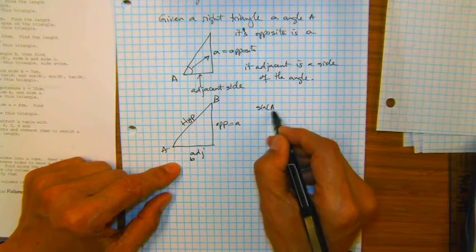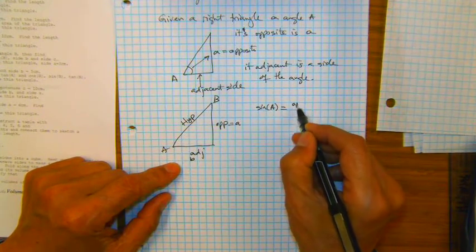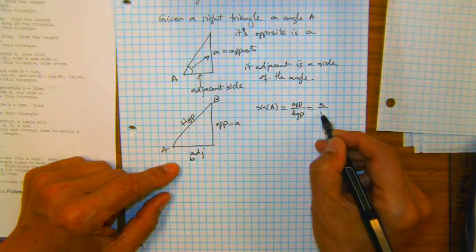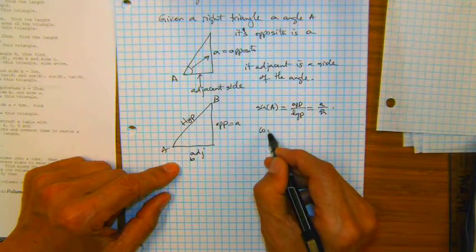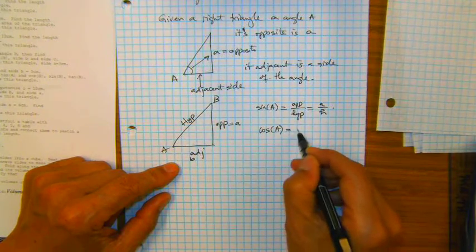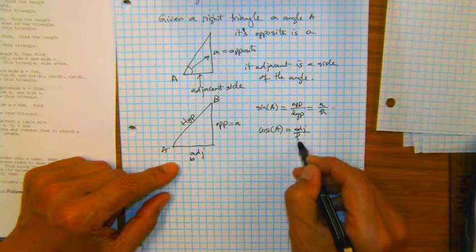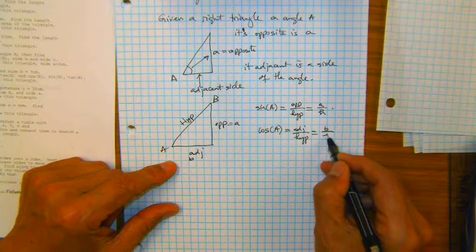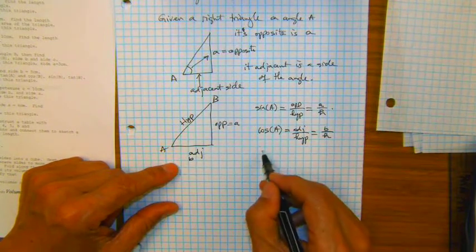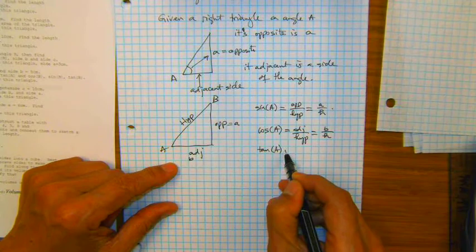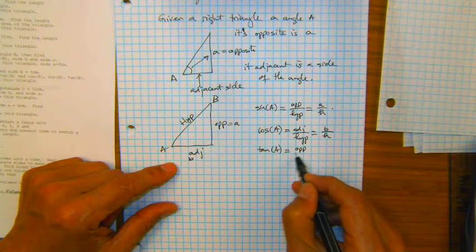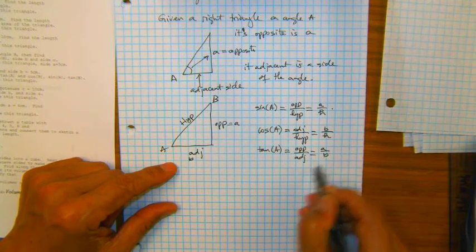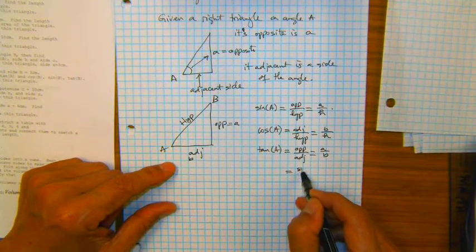Okay, so this is a definition. Sine of A is opposite over hypotenuse, so A over H. Cosine of A is adjacent over hypotenuse, which is B over H. And then tangent of A is opposite over adjacent, which is A over B, and this is also equal to sine over cosine.